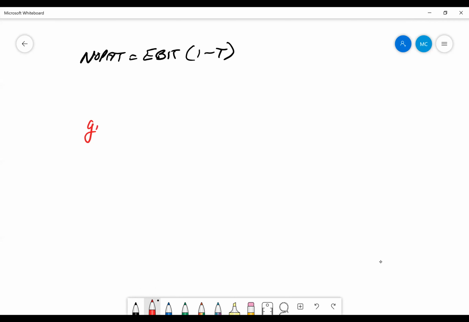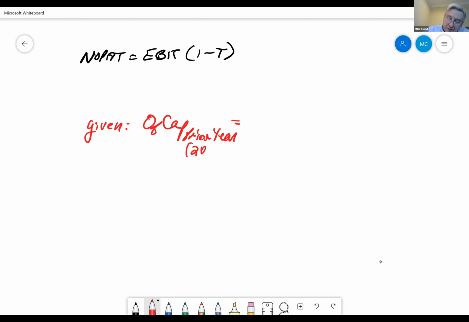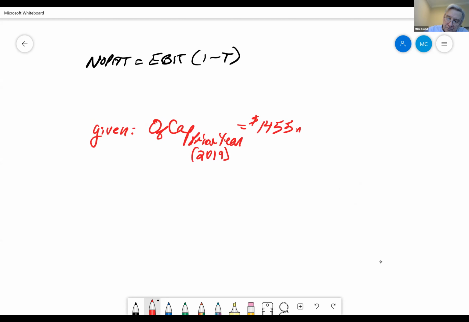Given operating capital for the prior year, which in this case was 2019, was given as 1455 mil. I had failed to type it into the slide. So when I covered it, I simply gave you this.